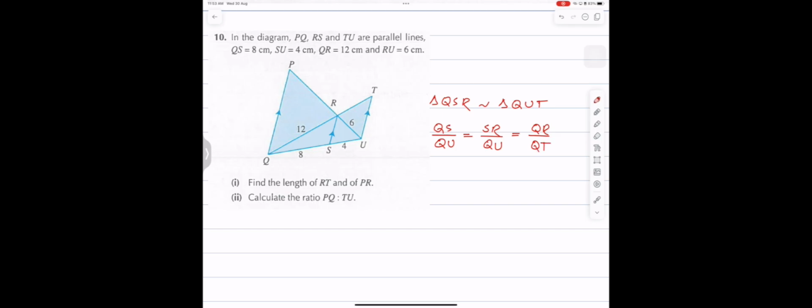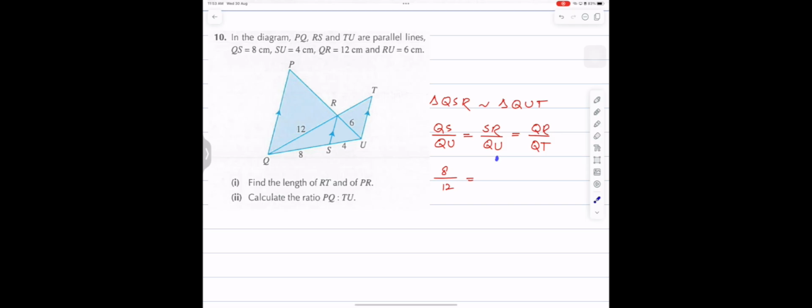Now we will plug the values in this equation. QS is 8 and QU is 8 plus 4, which is 12. SR is unknown. Sorry, I made a mistake.